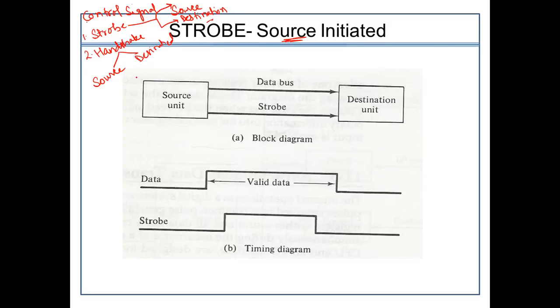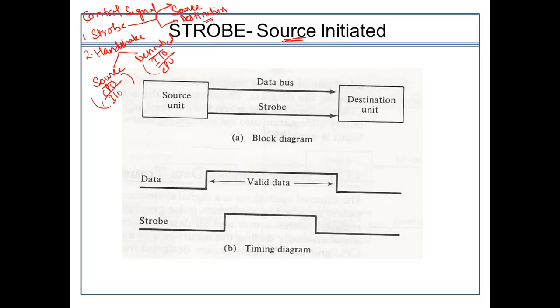Now, one thing you need to know here is that this source or destination can be anything. Sometimes the CPU can be the source, and at other times the IO device can be the source. Similarly, sometimes the IO device can be the destination and another time the CPU can be the destination.